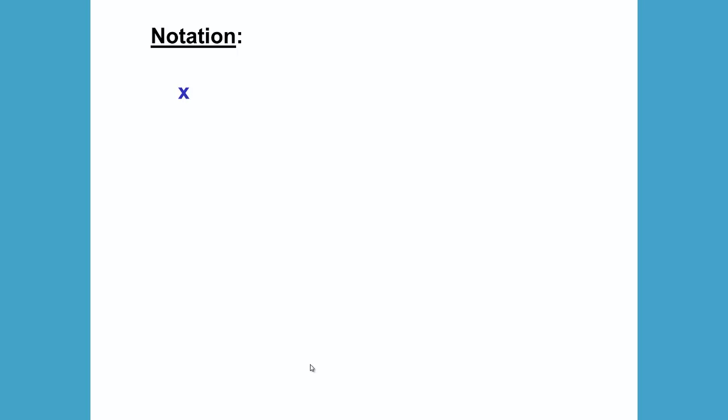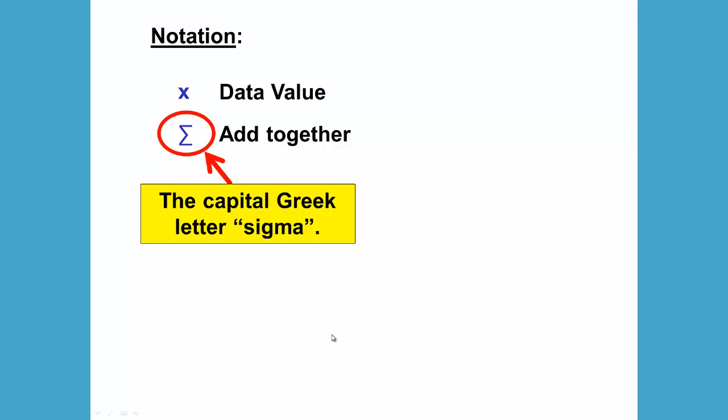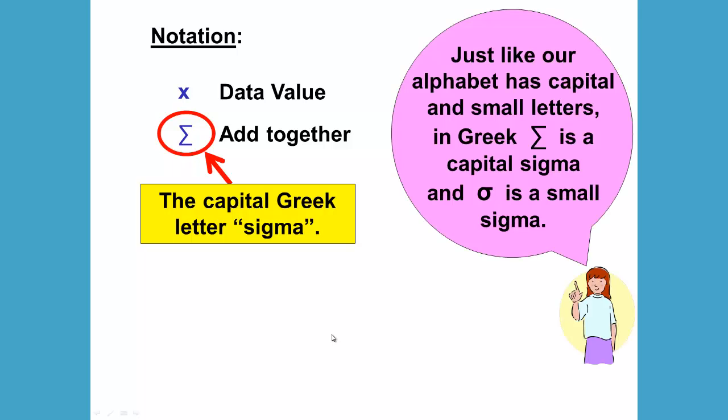X is your data value. Sigma is used as an operation sign and tells you to add together the values that follow the sigma sign. The sigma here is the Greek capital letter.